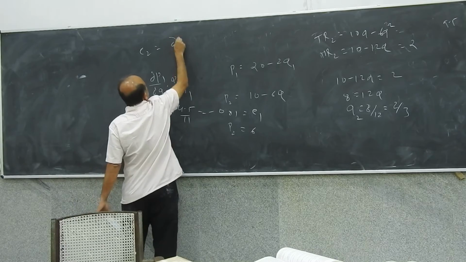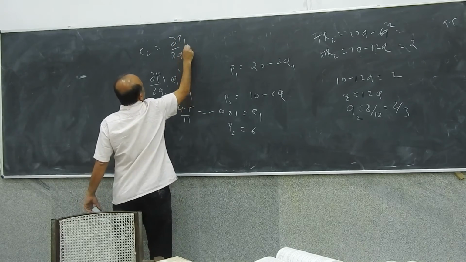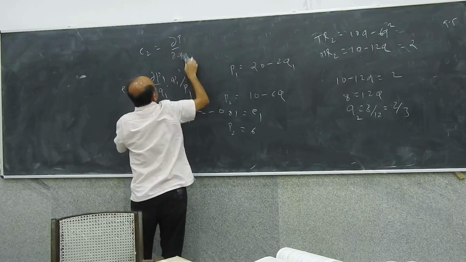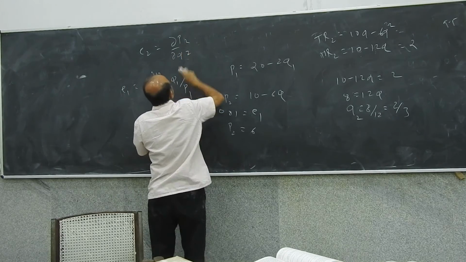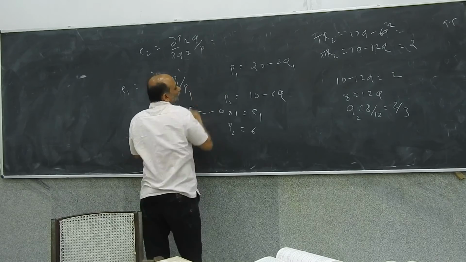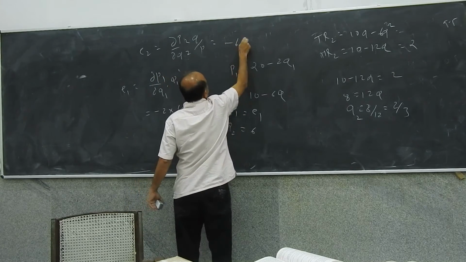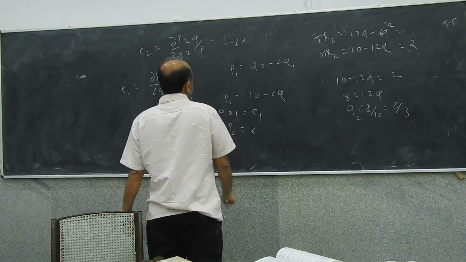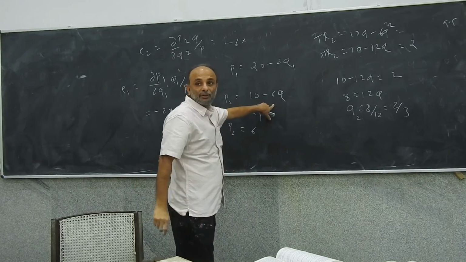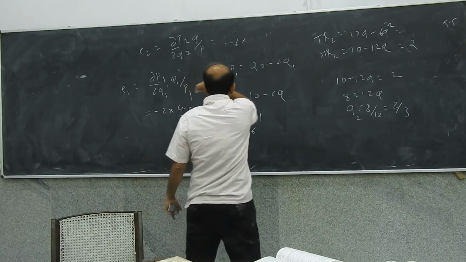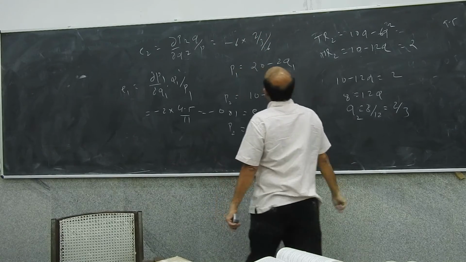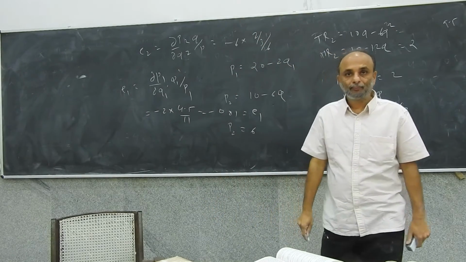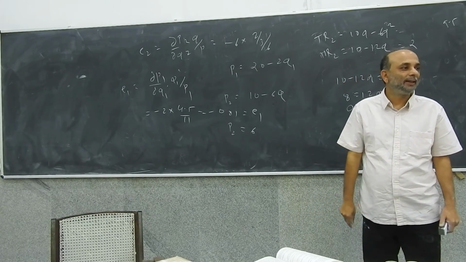E2 is minus 6 into 2 by 3 upon 6. What is 2 by 3 upon 6?